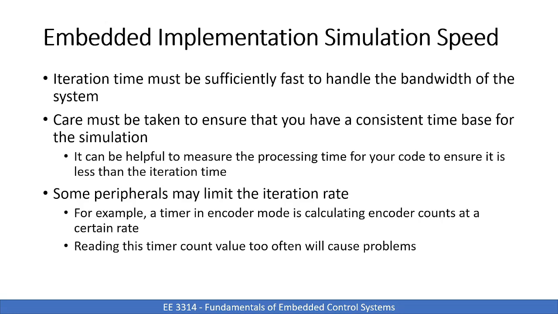All these factors come in to have you choose an actual simulation rate. As it turns out, for this implementation we're going to use a simulation rate of 10 milliseconds, or 100 times per second. That's the limit for what we can do with that encoder. If we try to get down to more like a millisecond, the output of that encoder is not going to give us good results. In other words, we might read it and consecutive readings might give us the same value because it hasn't had time to process additional pulses.